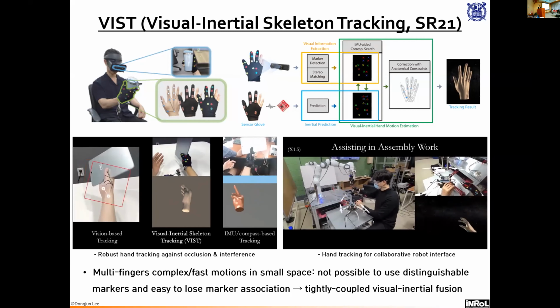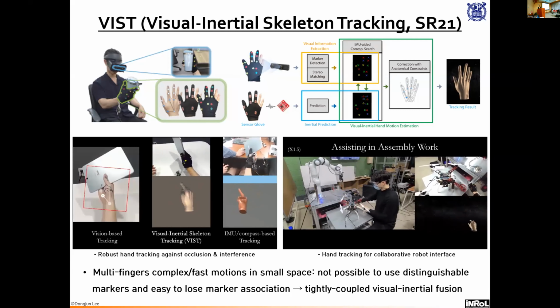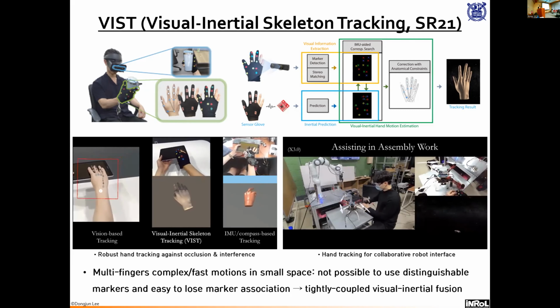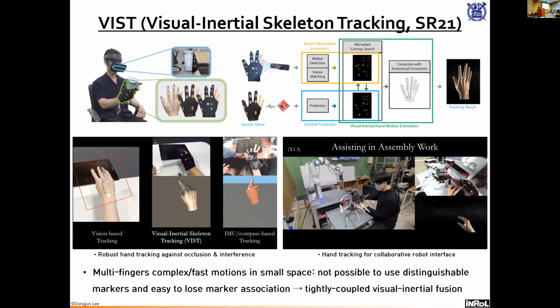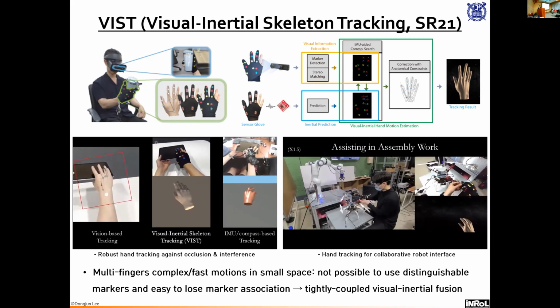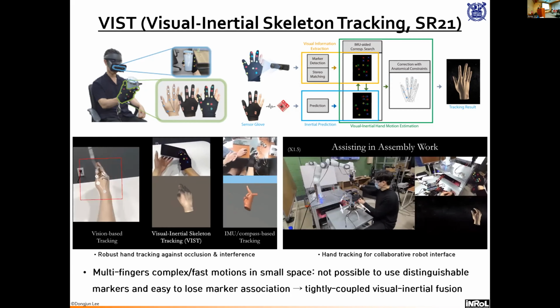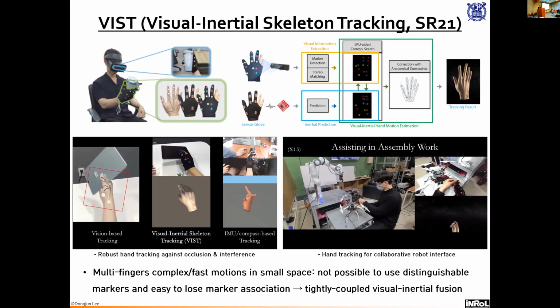Inside this glove, we have this IMU. But with the IMU, if we just use a magnetometer, it is not very robust. So in order to make this system robust, we remove the magnetometer. However, the magnetometer provides north-south information, which can instead be provided by computer vision information.